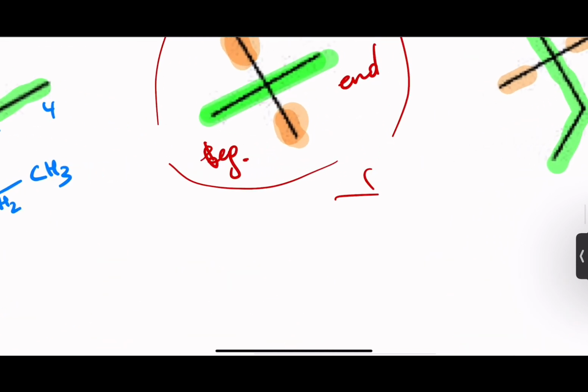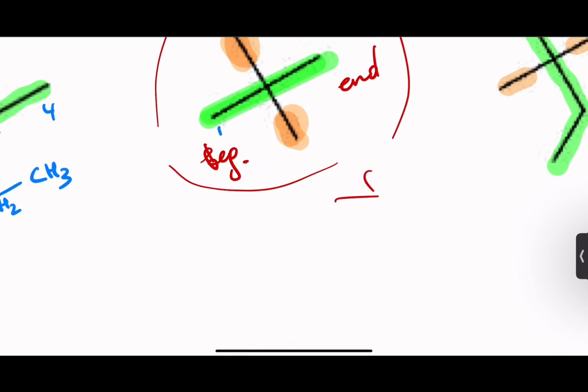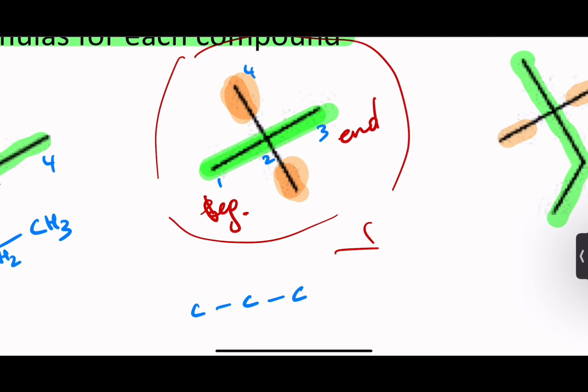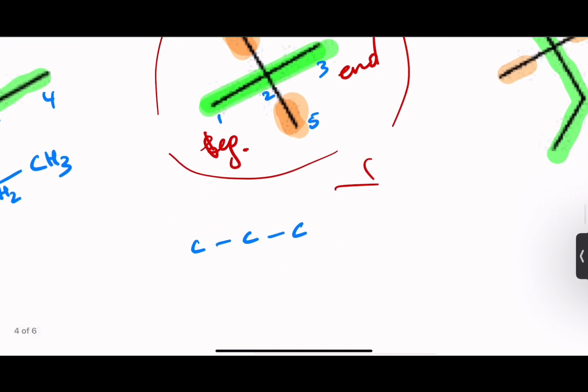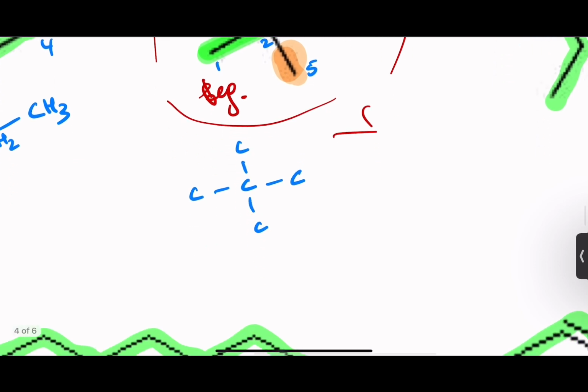Now look at this one. I have 1 carbon, 2, and 3 carbons. Then I have 4 and 5, another carbon here and another carbon. If you look at the center carbon, all 4 bonds are taken, so I can't put any more hydrogen.